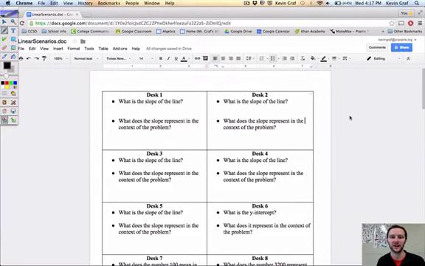This is posted on Classroom. You'll make one copy for you and your partner or partners. You choose your partner from your table, work with someone at your table, and you open this up off of Classroom. And these go along with the different cards that are on the desks.